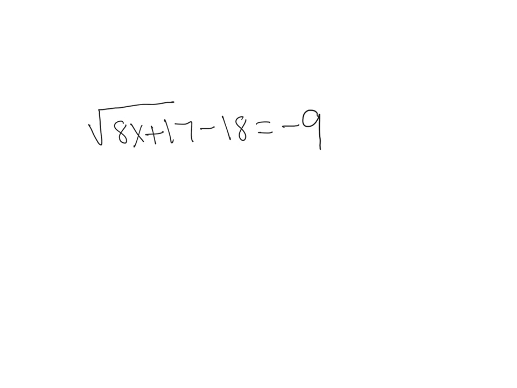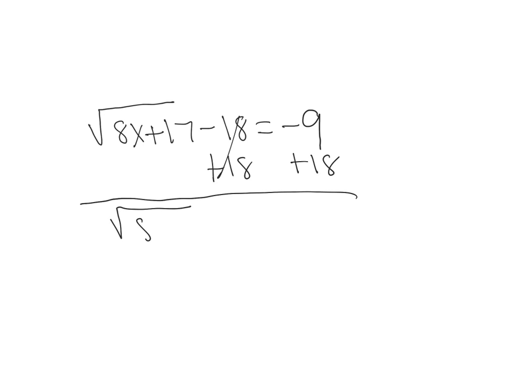Hey guys, so the first step in today's problem would be to get the square root by itself, and by doing so, you add 18 on both sides, and when you do that, you get square root of 8x plus 17 equals 9.